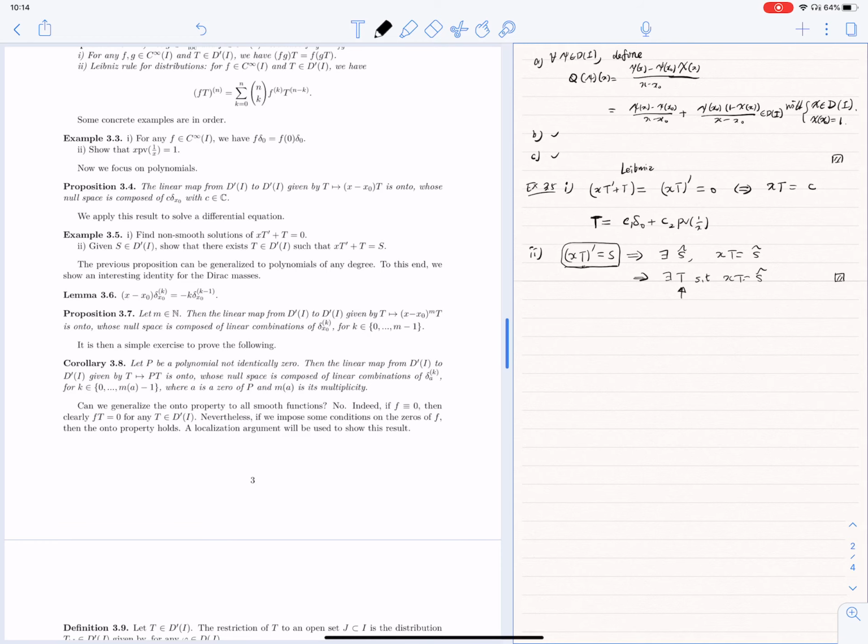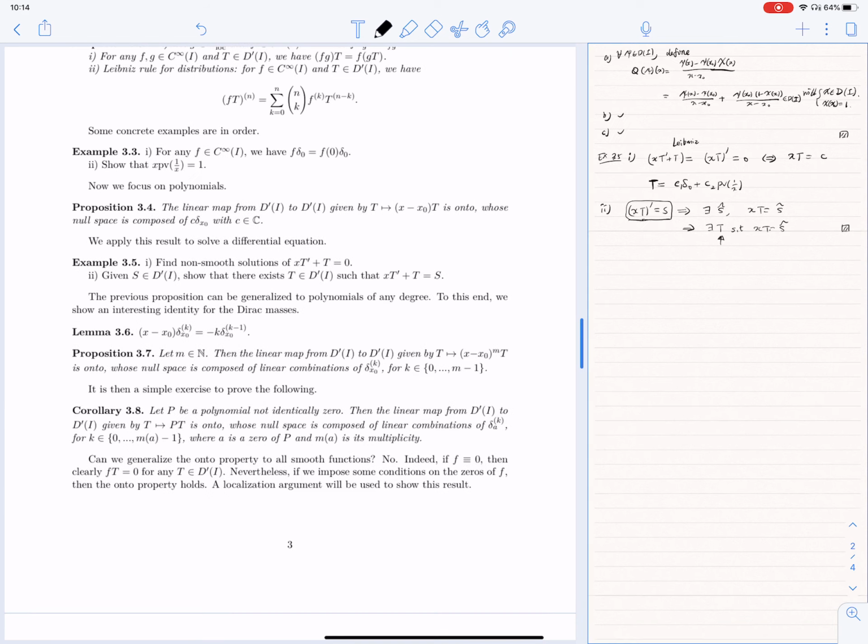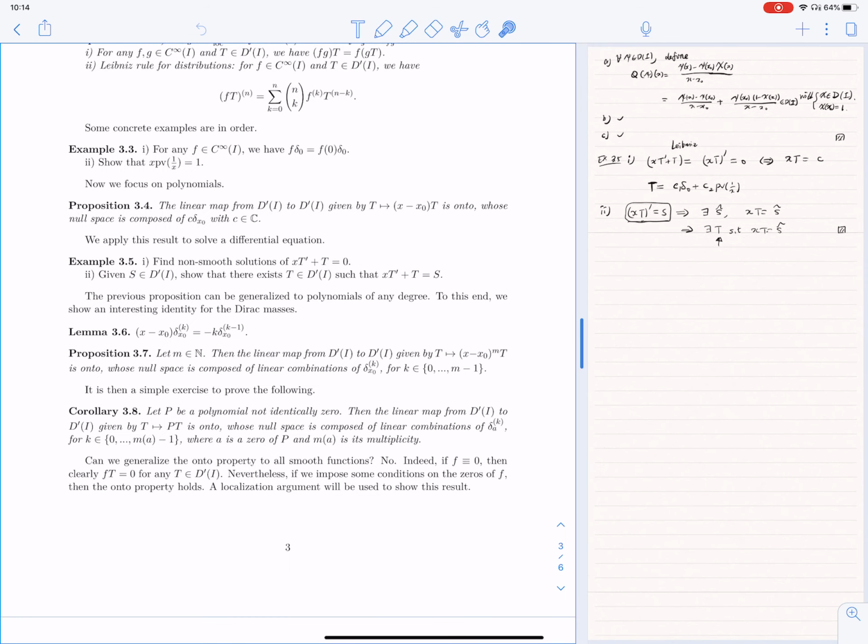But in order to prove an upgraded version of proposition 3.4, we're going to make use of the following quite interesting and useful identity about Dirac masses. It's a kind of differential equation actually for the k minus 1's derivative of the Dirac mass on x naught, right?